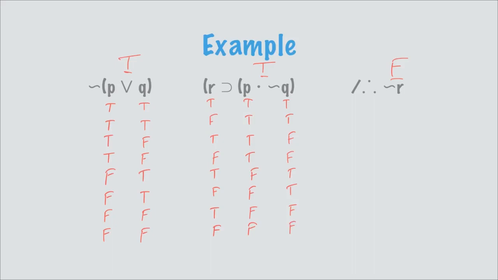So there's that, and R is going to be true, true, false, true, false. So here now what I've done is essentially listed all the possible combinations.